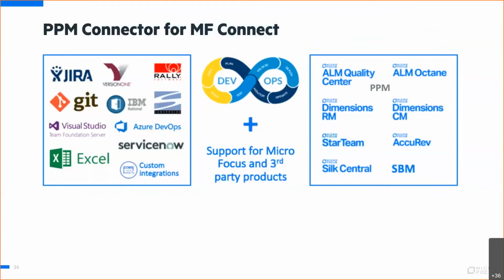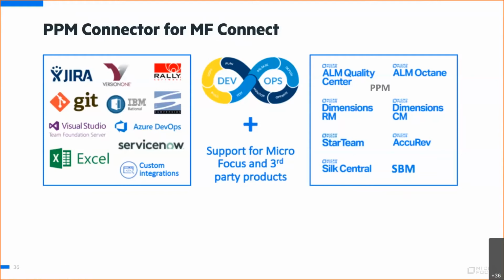Having a PPM connector for the Micro Focus Connect means the PPM can integrate to whatever tools Micro Focus Connect supports. So you can see that using the Micro Focus Connect, you can integrate the data between any of the Micro Focus tools like PPM, ALM, Octane, and others mentioned here, with any other third-party tools like Jira, Rally, ServiceNow, Excel, anything like that.